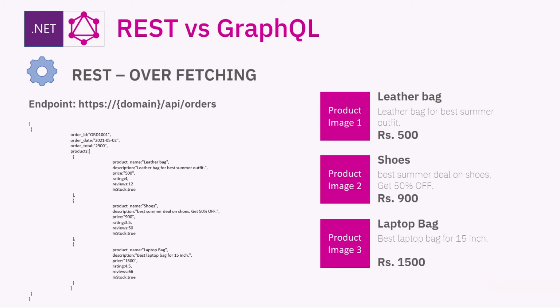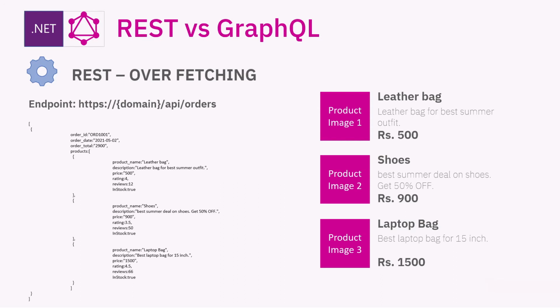What is overfetching? In overfetching we have one endpoint, that is domain name, API, and orders. In this endpoint I am requesting order ID, order date, order total and products, but my requirement is given on the right hand side: I need a product title, product description and product total, or say the price of the product. If you see the array on the left hand side, we have order ID, order date, total and a list of product information in an array.